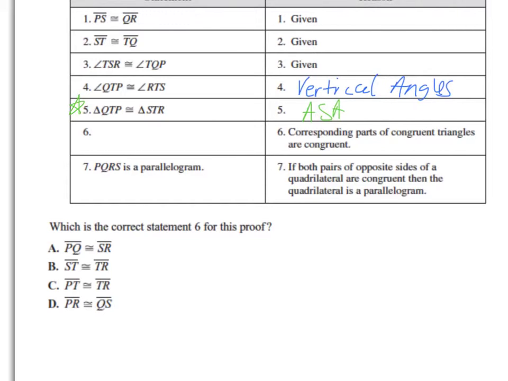So let's look at the next choice. ST congruent to TR? No, because that doesn't line up with the order of the letters in this statement. ST does not correspond to TR, so I'm going to cross that out. PT congruent to TR.